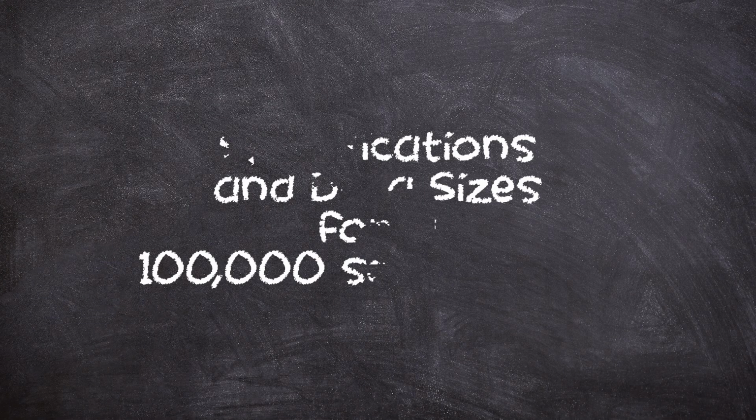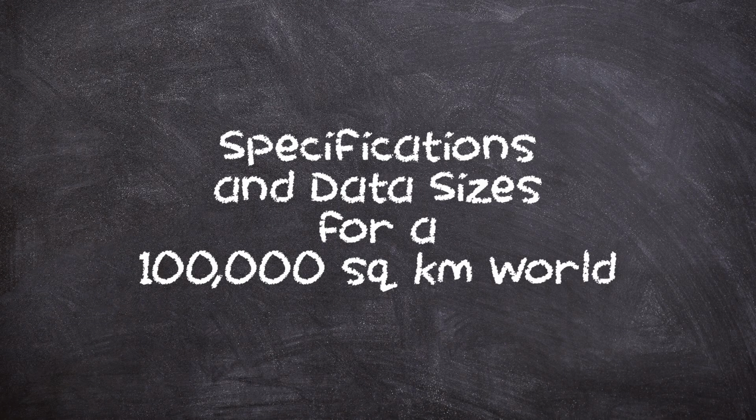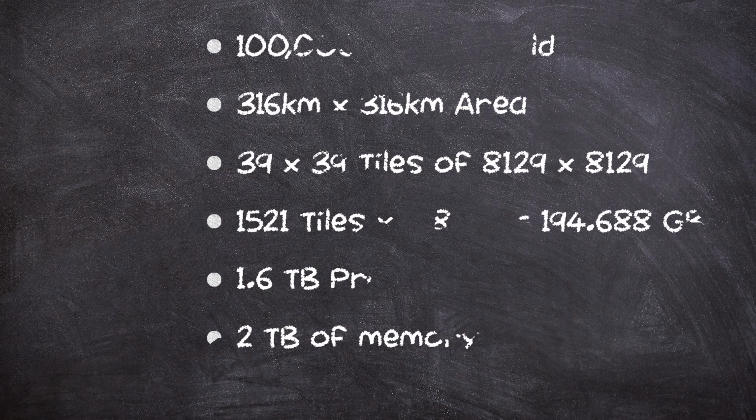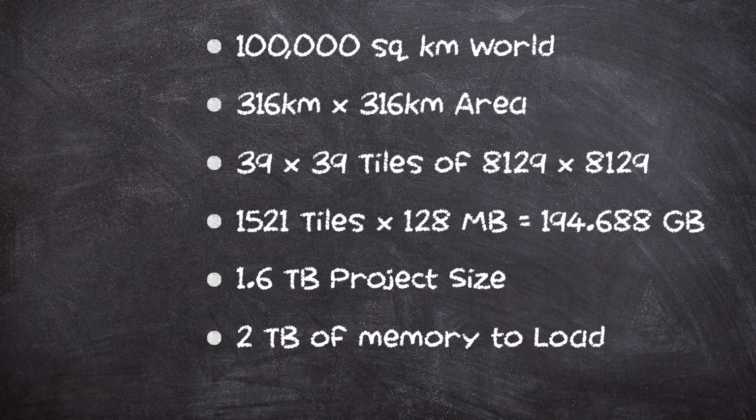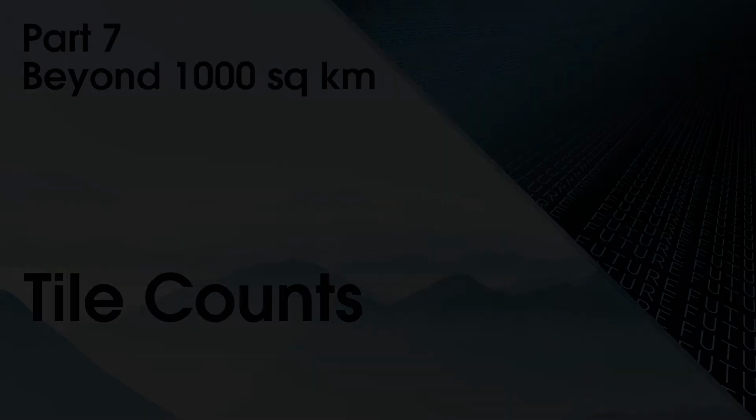For a 100,000 square kilometer world, the terrain would be 316 kilometers by 316 kilometers. The Unreal Editor project size on disk would be at least 8 times larger than this tile height map size, at around 1.6 terabytes in size. A computer with at least 2 terabytes of memory would be required to load all of the levels.